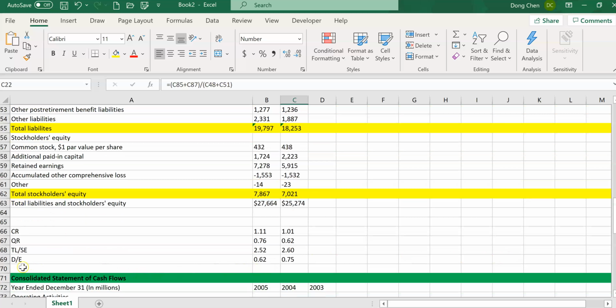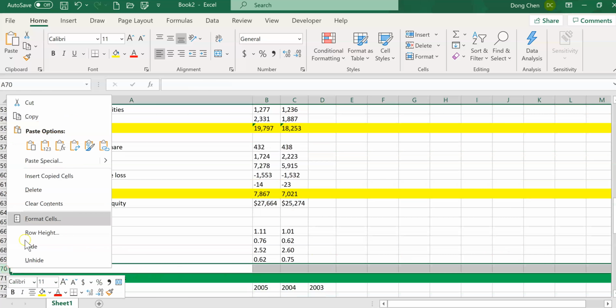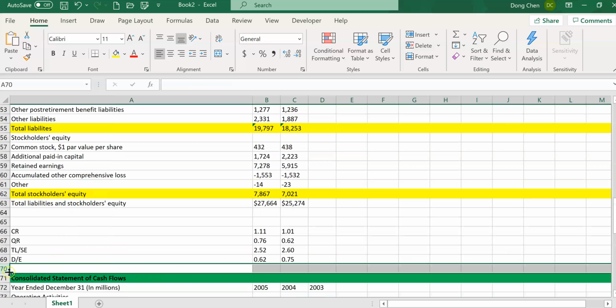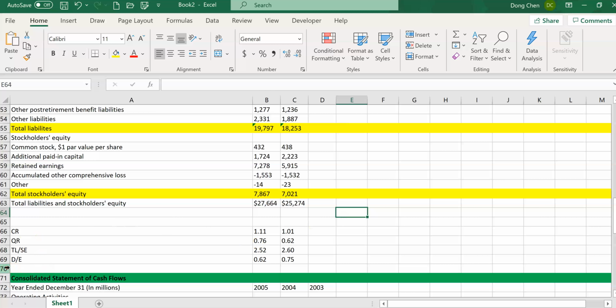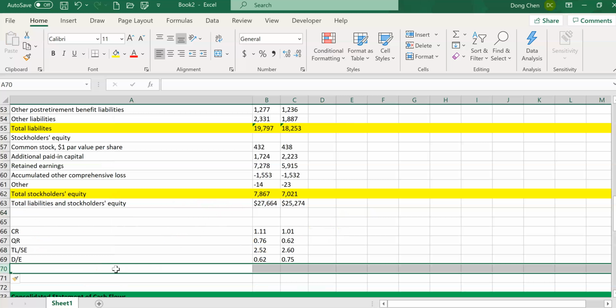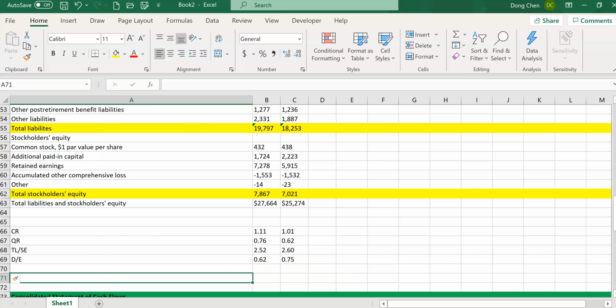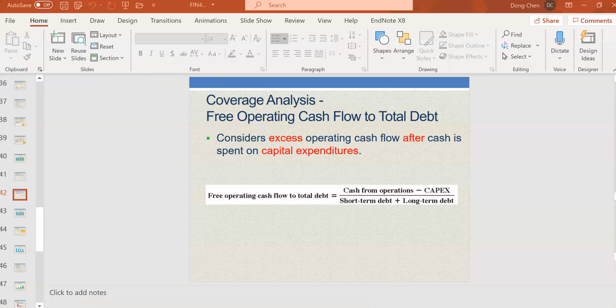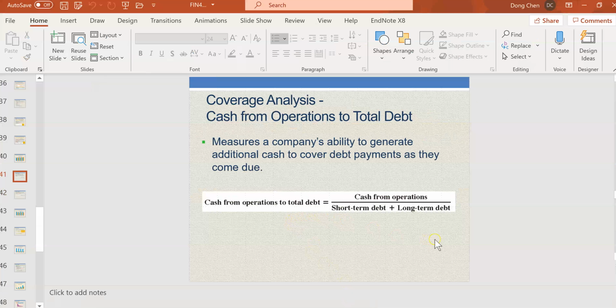Even though we have summed up the numerator, the denominators of both free operating cash flow to total debt and cash from operations to total debt are the same: short-term debt plus long-term debt.